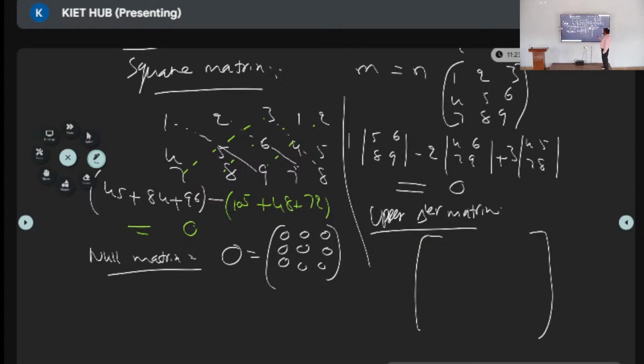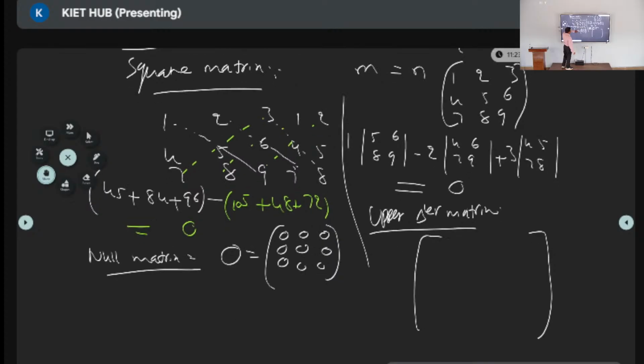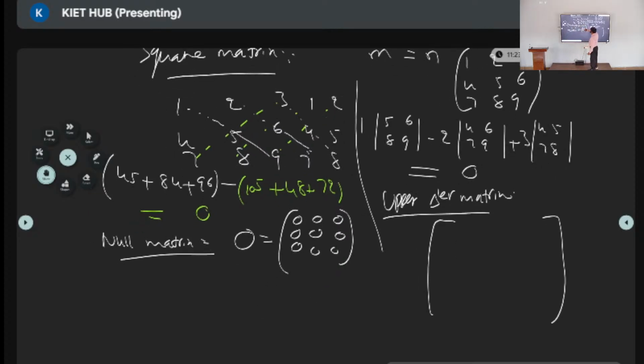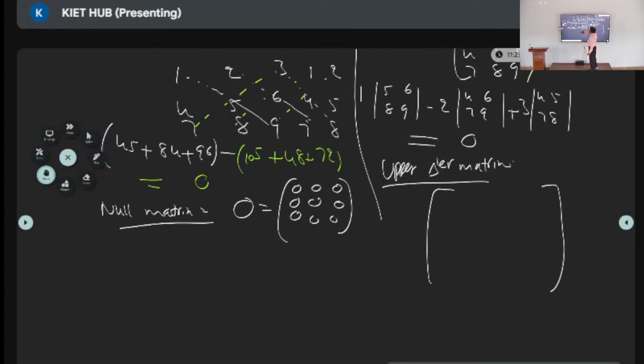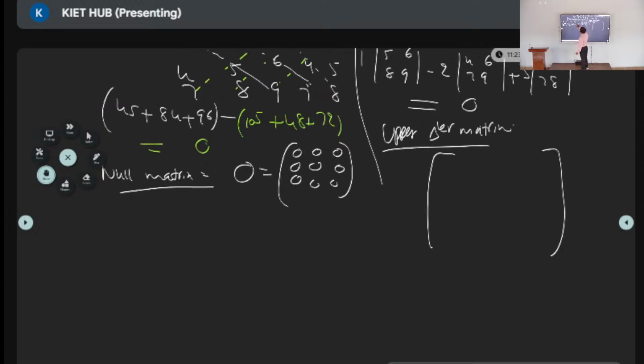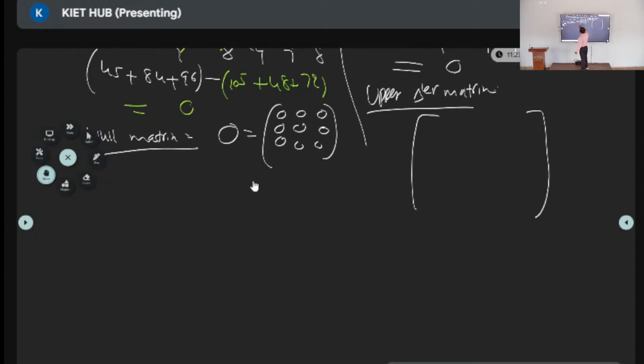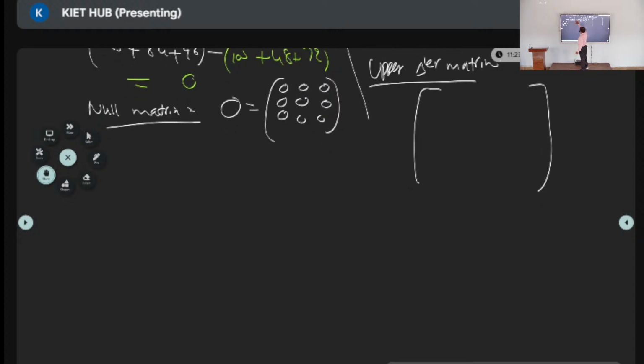Okay. So before going to this upper triangular matrix, let us discuss what is the principal diagonal. Principal diagonal definition.